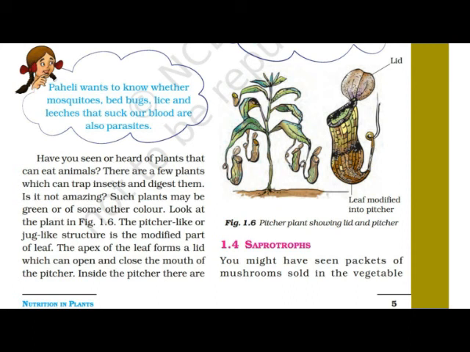That thing we have also seen. We have also seen a very interesting part, that is about insectivorous plants, where an insect is trapped by the insectivorous plant and digested to obtain nitrogen. These interesting things we have seen.